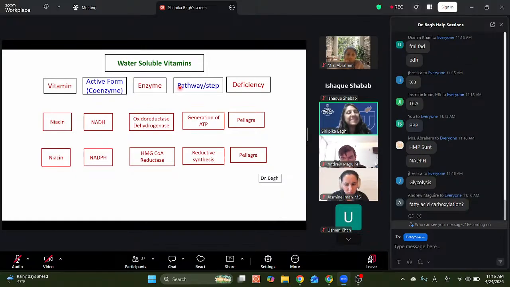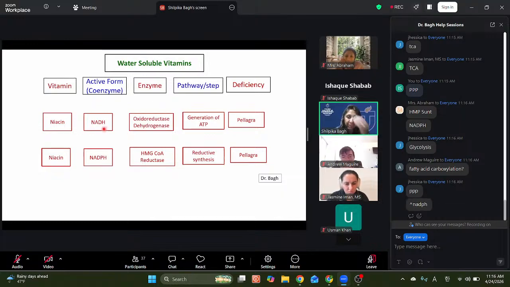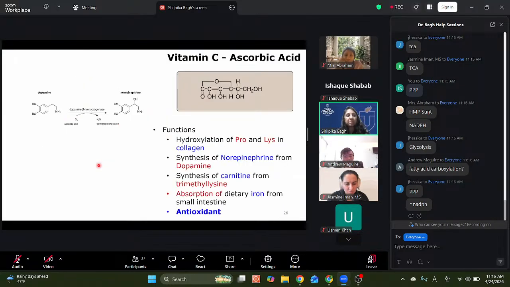Glycolysis and TCA you have done with NADH. NADPH is the HMP shunt. Fatty acid carboxylation? You mean acetyl-CoA carboxylase? No. All carboxylases require biotin. NADH means I like that answer: glycolysis and TCA pathway, right? NADPH is, yes, absolutely wonderful, HMP shunt. So either the first enzyme, or if you know the pathway as I asked you.